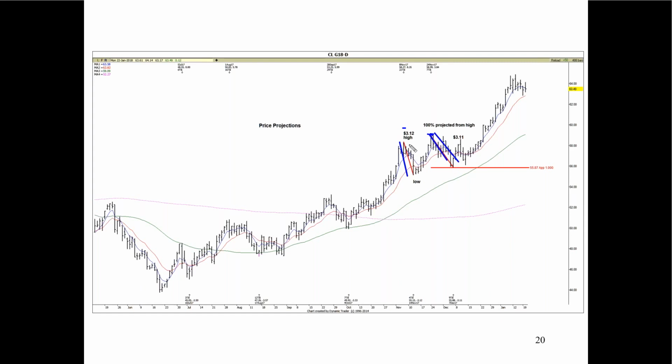So these two swings were similar. This is a perfect example of symmetry. And if you actually look at some of these other swings, you'll see that a lot of the others were also similar. You know, this was 350, this was 357, this was 333. All around that $3 area.